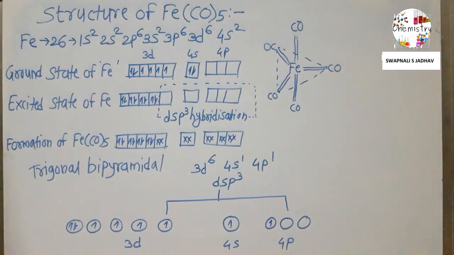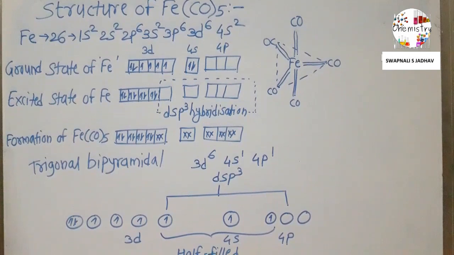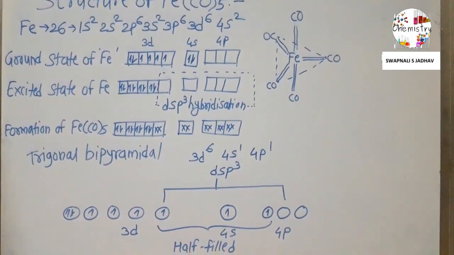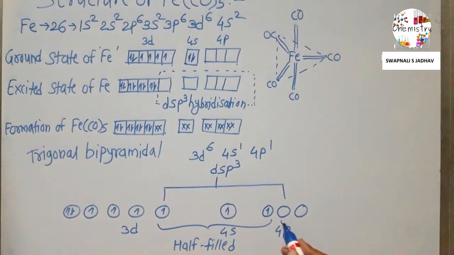So out of the 5 dsp3 hybrid orbitals, 3 are half filled and 2 are empty.